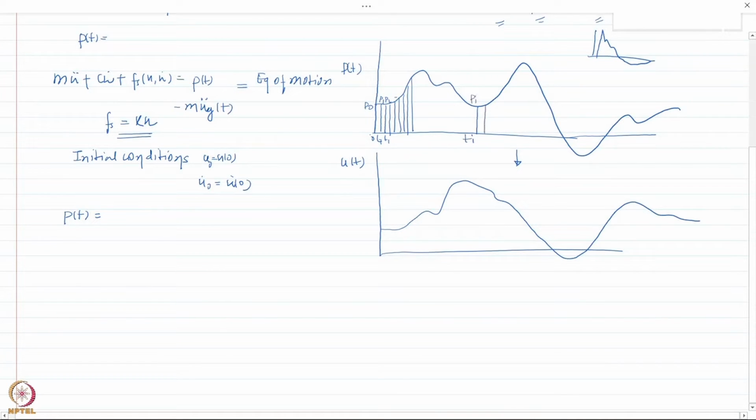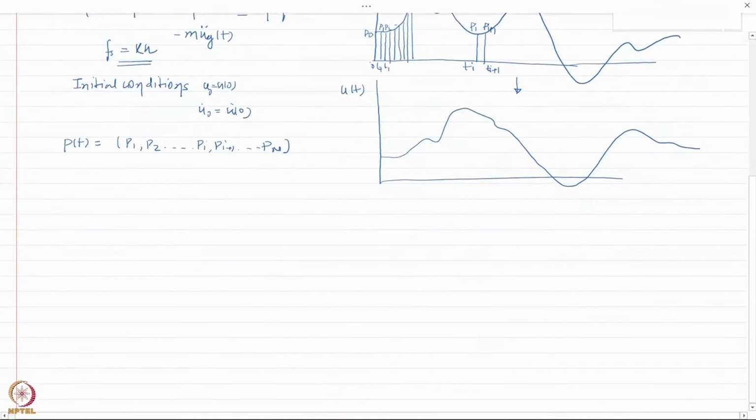After delta t, it is t(i+1) and the force is p(i+1). So p(t) we represent as a set of discrete values: p1, p2, p(i+1), and then pn.